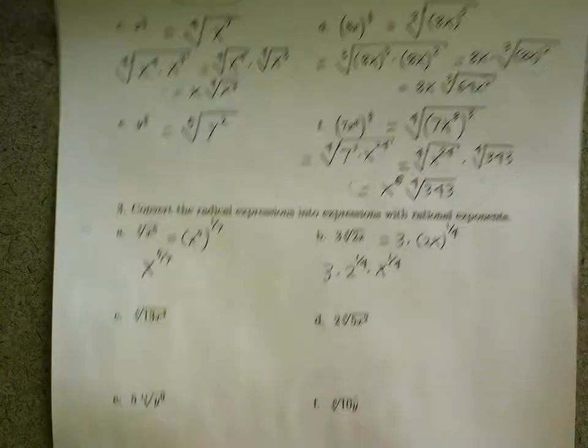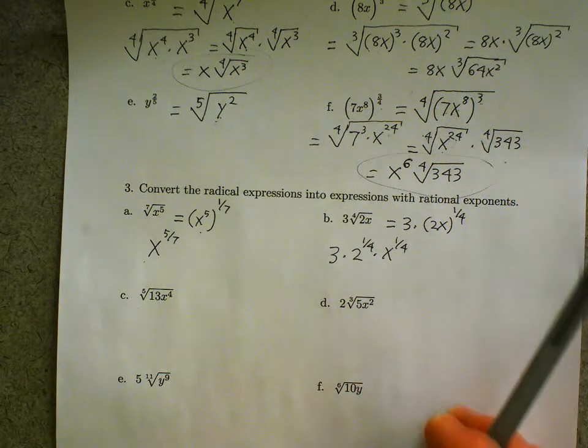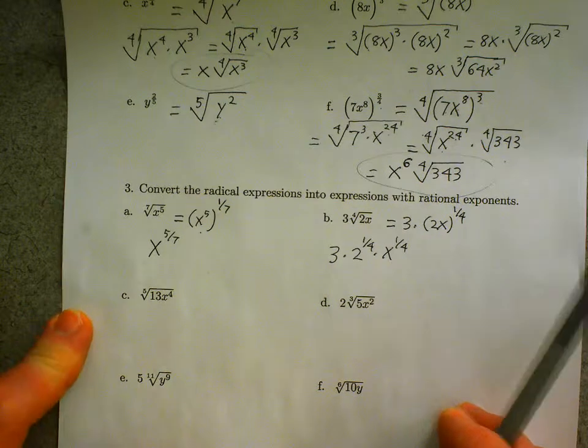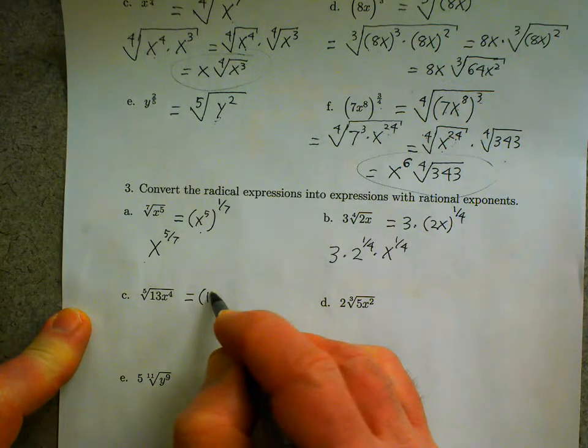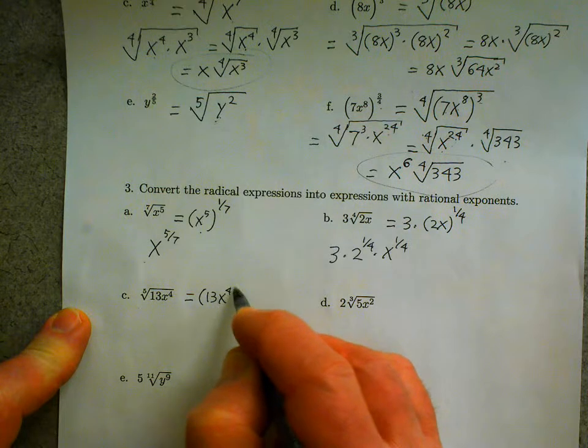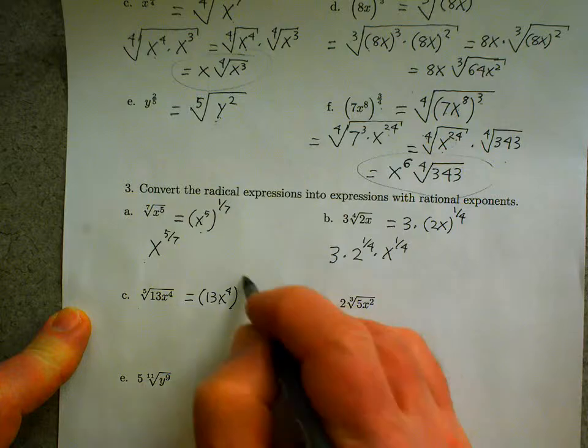Okay, in part C, the 5th root of 13x to the 4th. So inside the radical, we have 13x to the 4th. And then this is raised to the exponent 1/5.